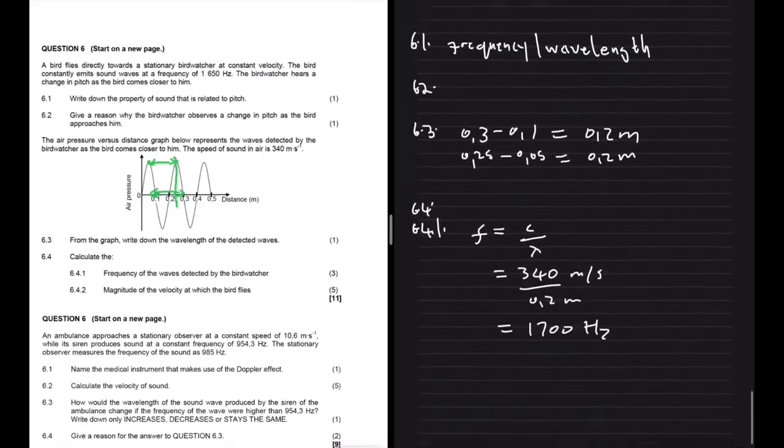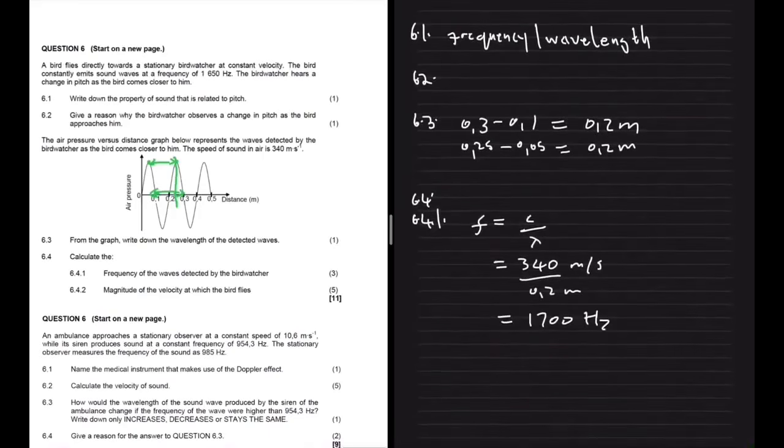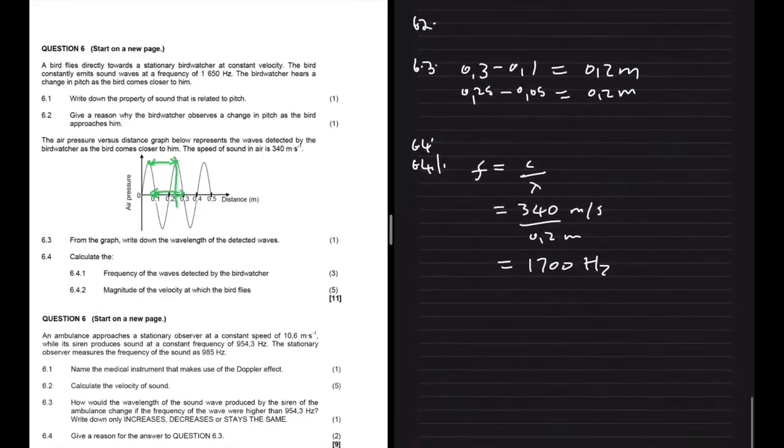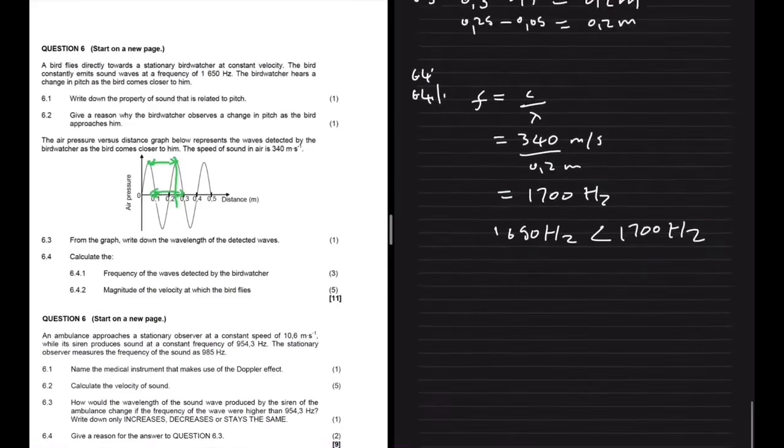The SI unit of frequency is Hertz, which makes sense. The emitted frequency is 1650 Hertz, right? And the bird is moving towards the bird watcher, so we anticipate a frequency that is greater than that which is emitted, and that is true because 1700 is greater than 1650 Hertz.